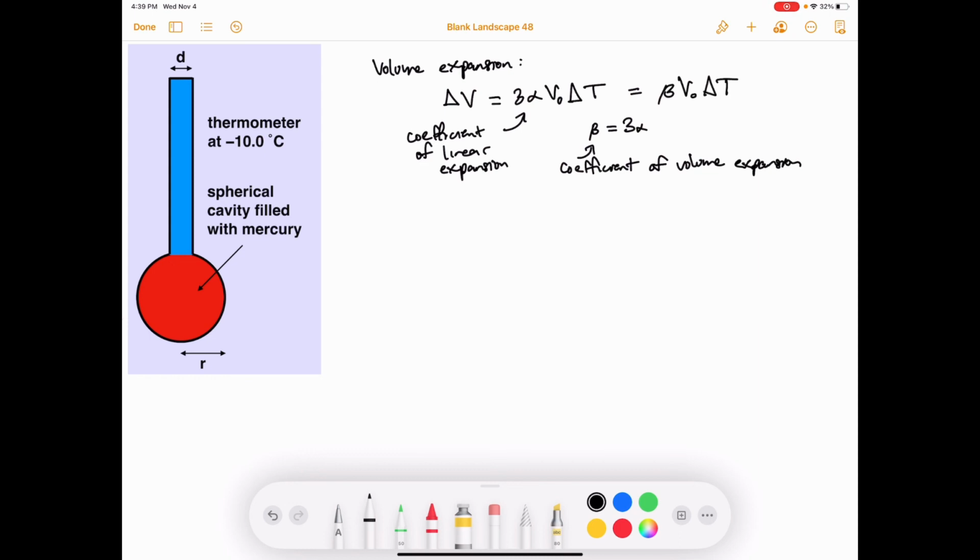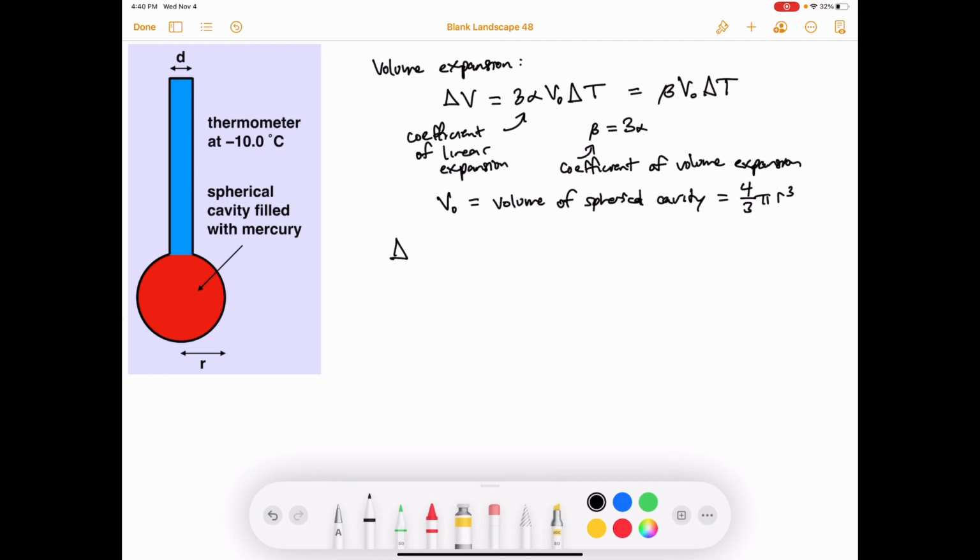Okay, well, the initial volume of the mercury is equal to the volume of the sphere. It's the volume of the spherical cavity that it fills up. So that's given by 4/3 times pi times r cubed.